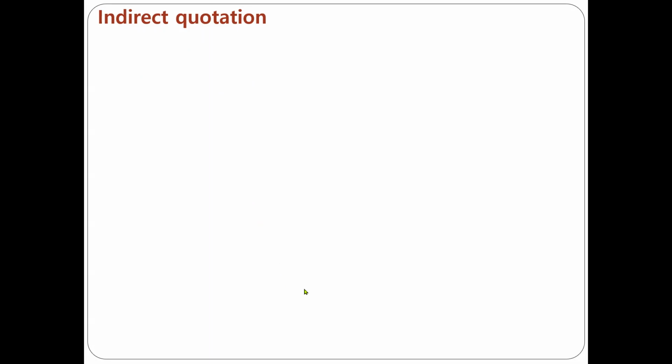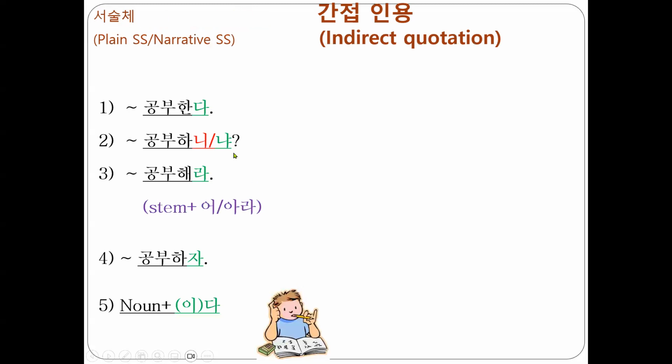To begin with, if I refresh your memory, the structure of indirect quotations comes from the plain speech style's ending form, right? And then the ending form is different according to the type of the sentence: statement, question, request, suggestion, and then noun이다, the copula verb.